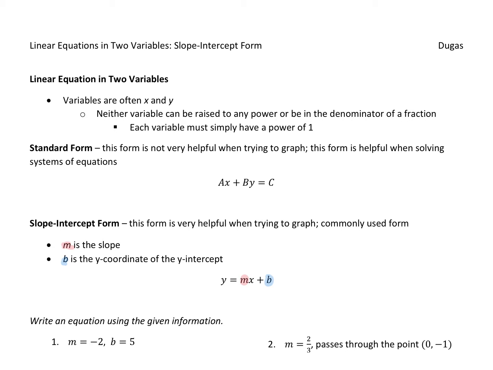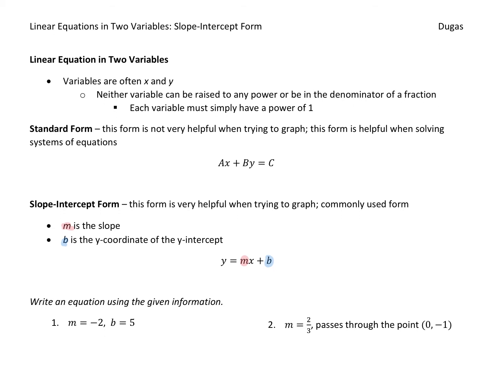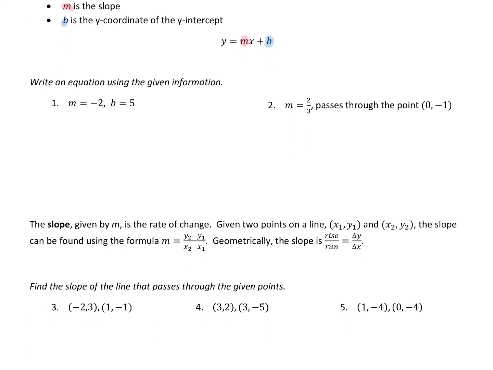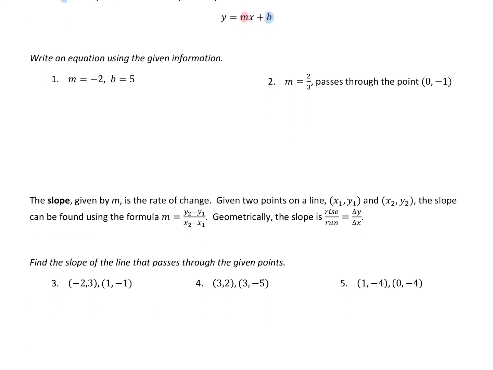That number is where it crosses the y-axis. If you know where it crosses the y-axis and you know the slope, you can draw any line. There's also another form called the point-slope form, and I have another video about that form. Okay, so this video really focuses on the slope-intercept form.